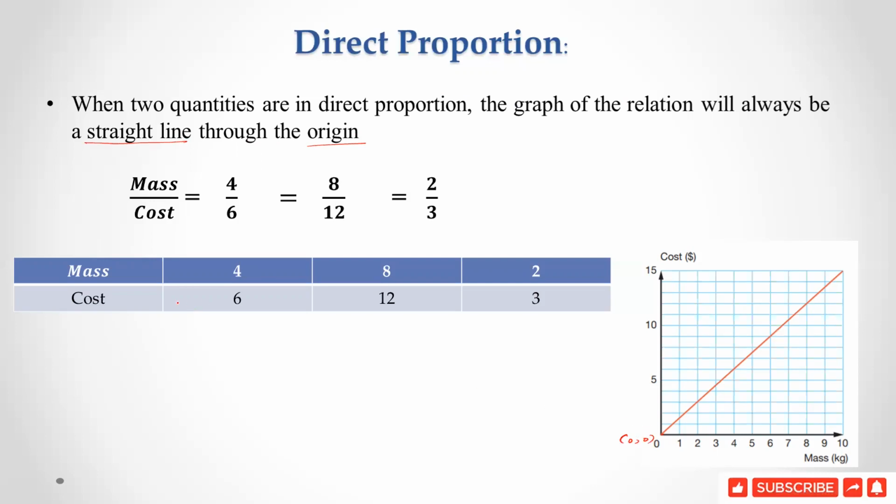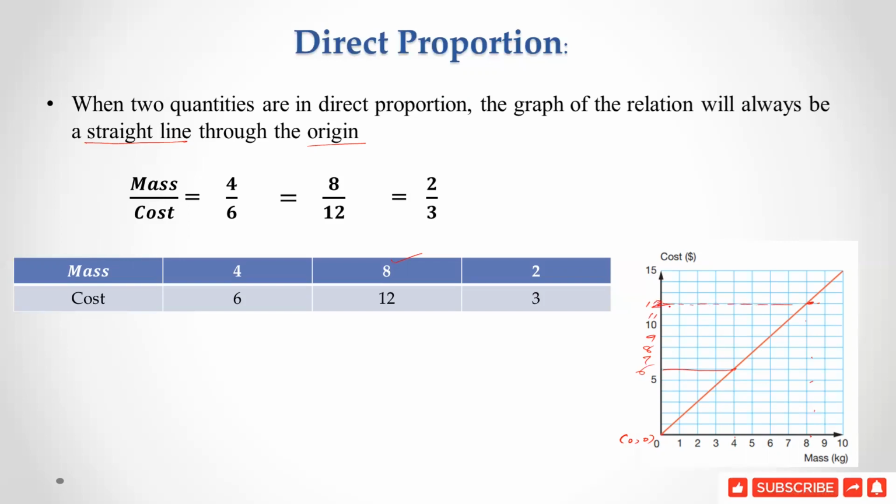Here, as per the data in our example, mass is 4 and cost is 6. If we go to 4, we check that the cost is 6. Again we check 8 kg on the x-axis, and going straight up to the line, the cost is $12.